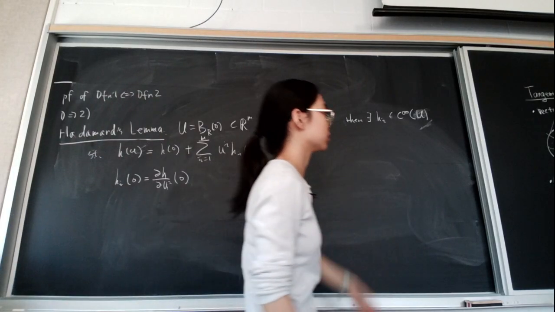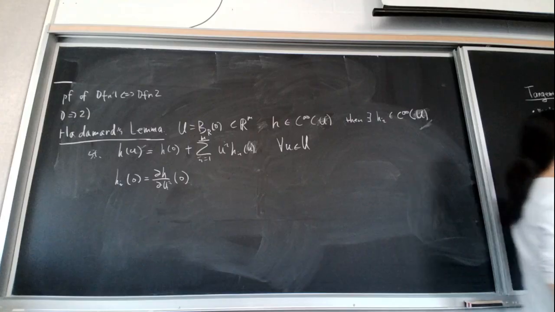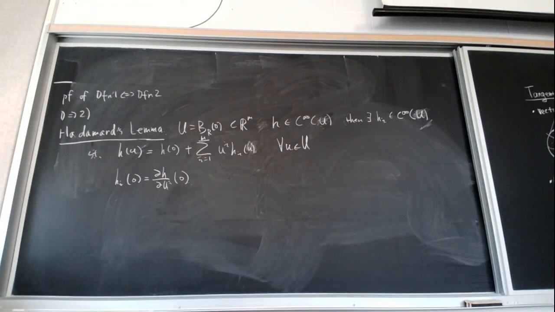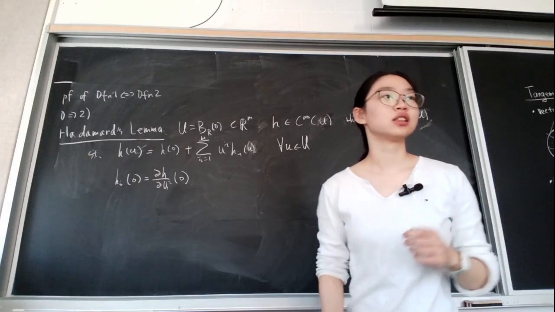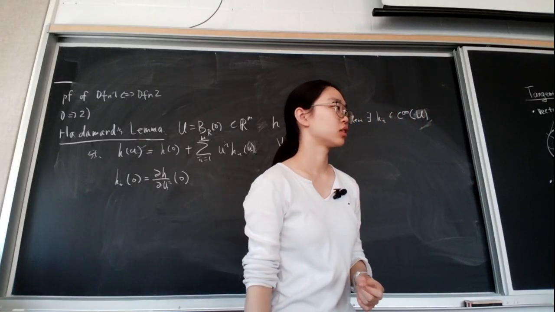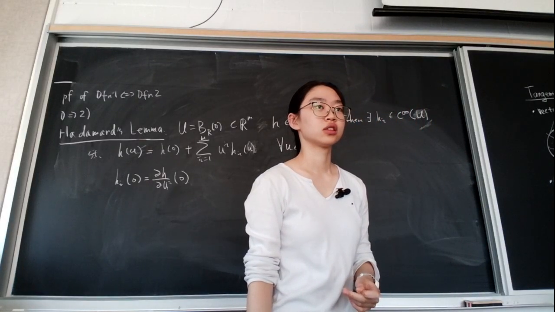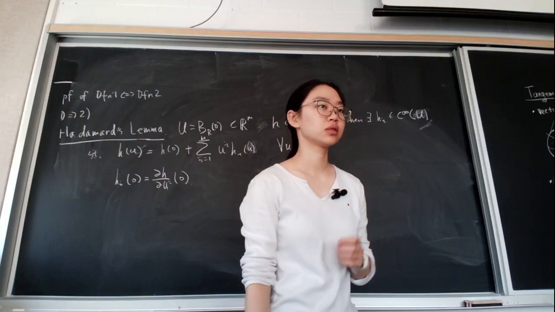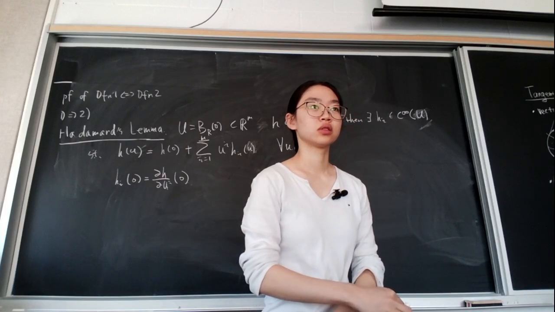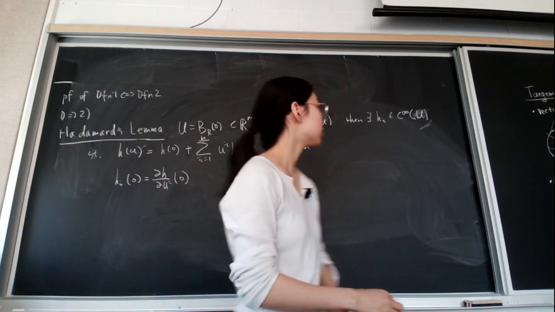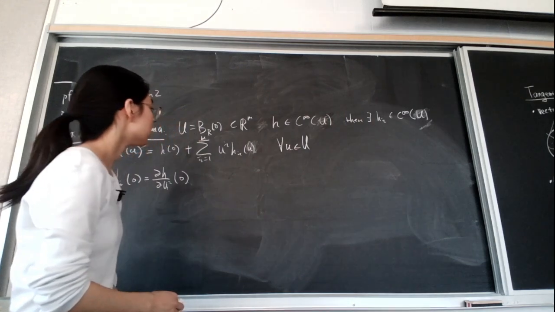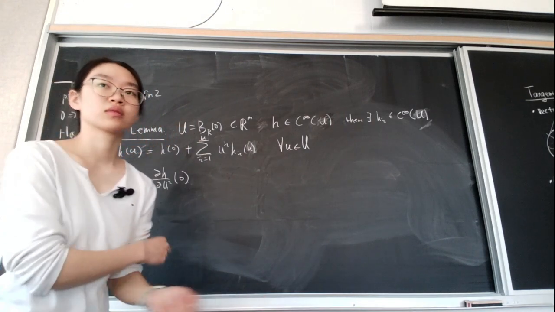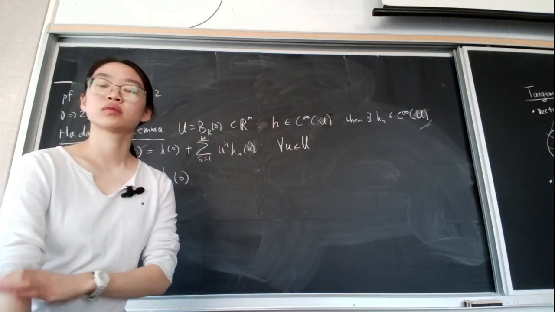That's what this notation means: C infinity on U. C infinity of something implies from that something to R. So h is not R; h is from U. If you have components, then you should obviously have higher dimension.